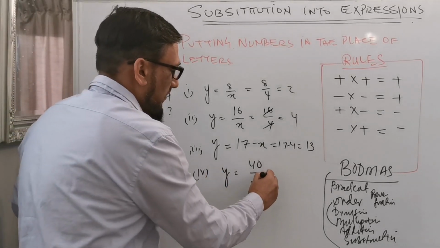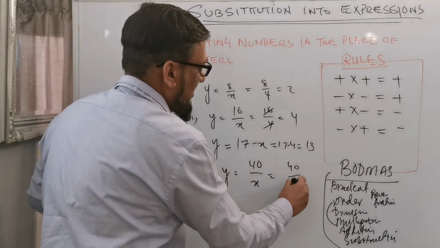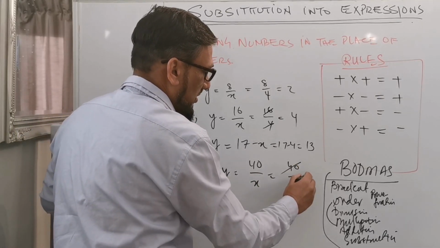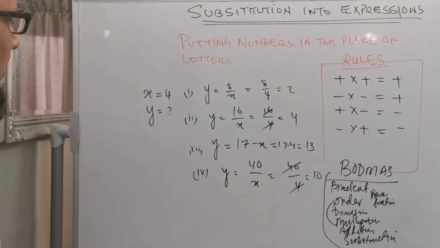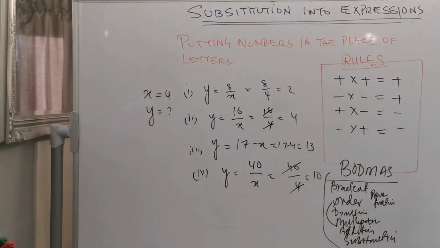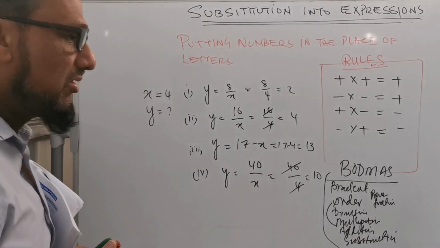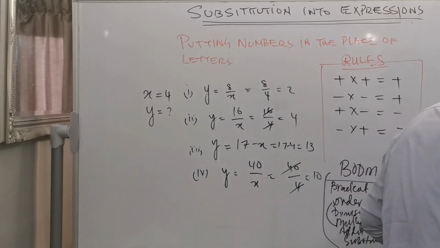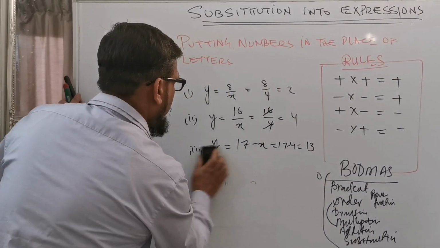And 40 divided by the value of x, which is 4. So we are substituting the value which is given in a question for this expression. So now I'm going to move to more expressions.